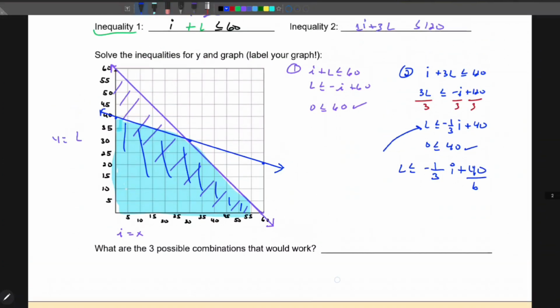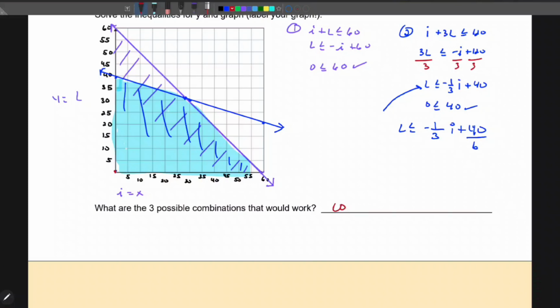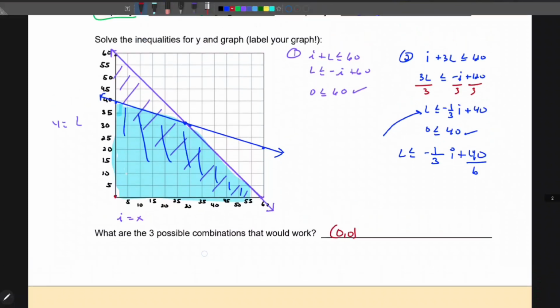So we need to check our work. We find our points of intersection, and this is my solution region. We want 3 possible combinations that would work. Well, if we take the easy way, 0, 0 works. I want to pick a point on the line too.